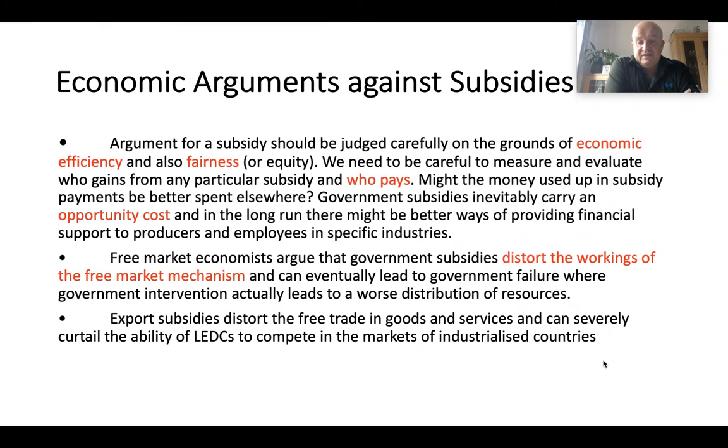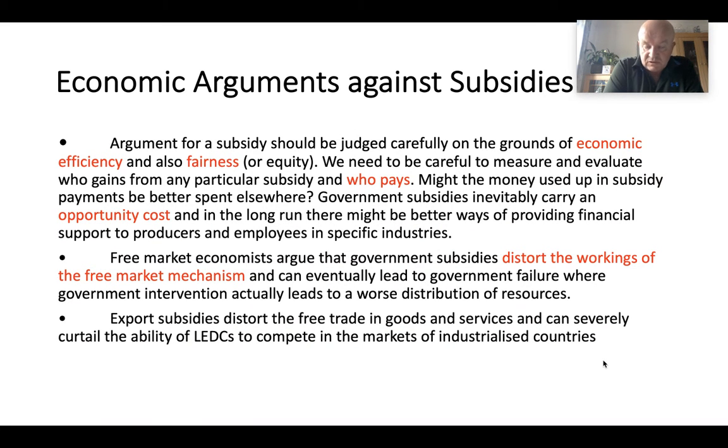And again, in the same way as when we talked about the use of taxes and other options as far as trying to reduce negative externalities, we've also got to bear in mind the issues around the economic arguments against subsidies.